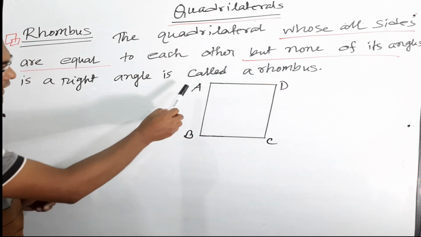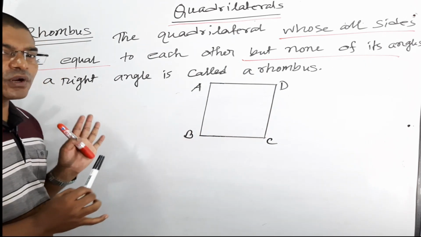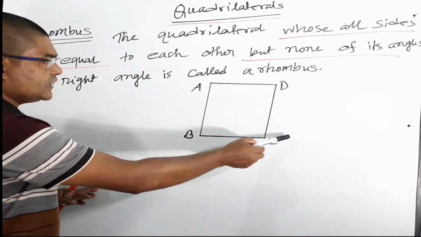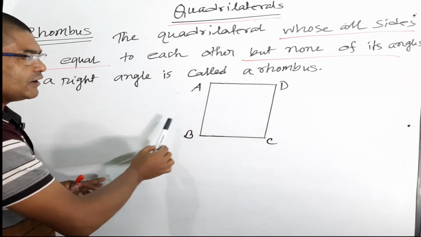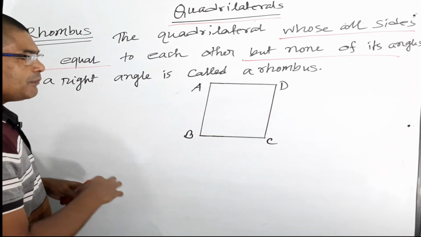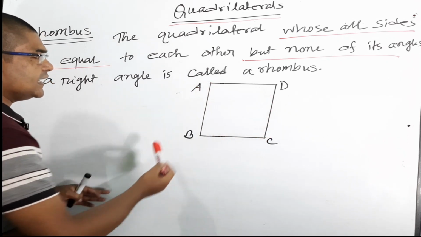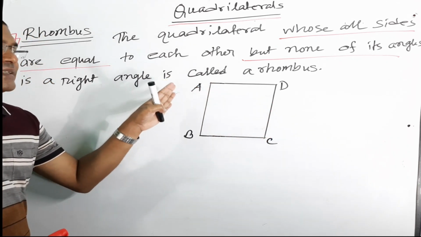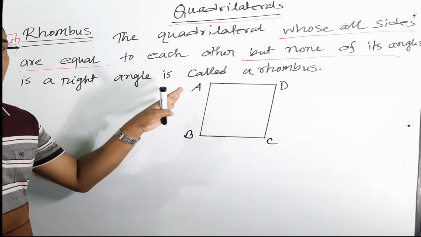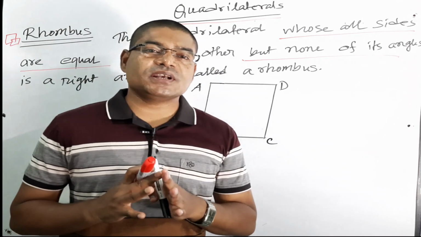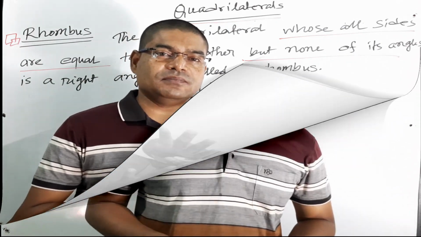So here ABCD is a quadrilateral, with AB equals BC equals CD equals DA. All sides are equal but all angles, this angle, this angle, this angle and this angle, are not right angles. This is a rhombus.